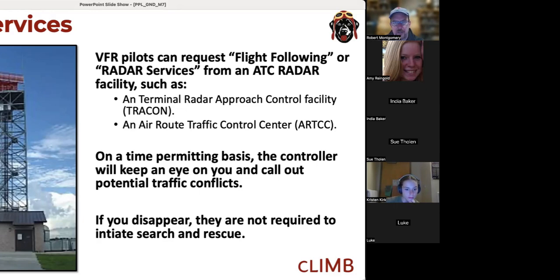What are they up to now? Manchester, Boston, Cape Cod, and I can't remember if they've done Providence yet or not. But multiple different approach control facilities have all moved under one roof. They all go by the same name, but they're still kind of separate organizations. And you've got New York Approach.